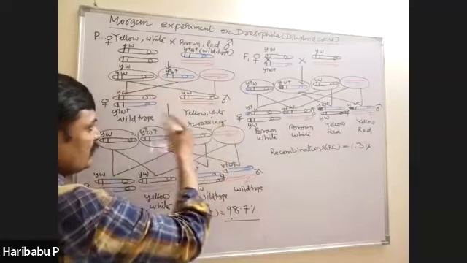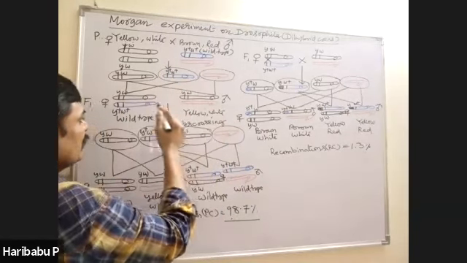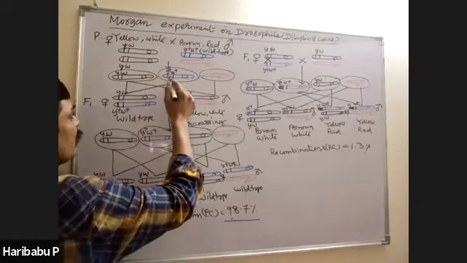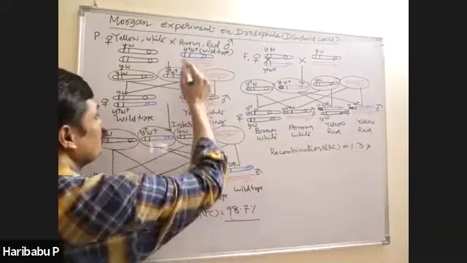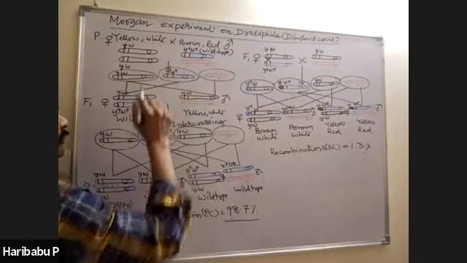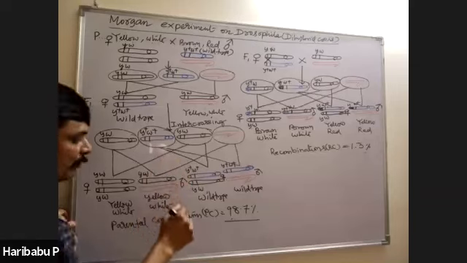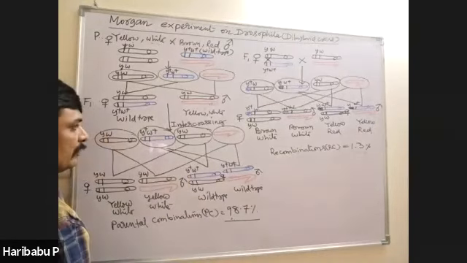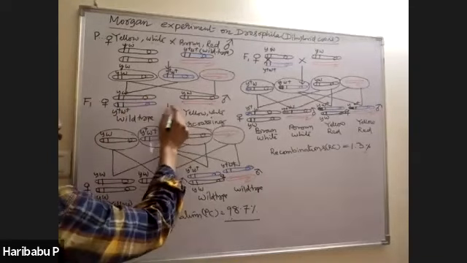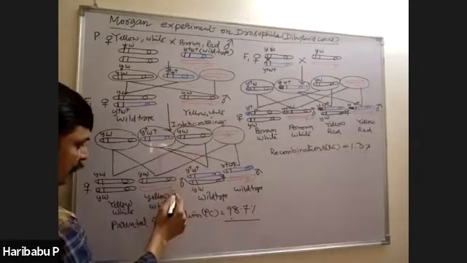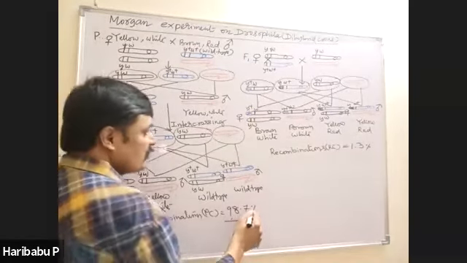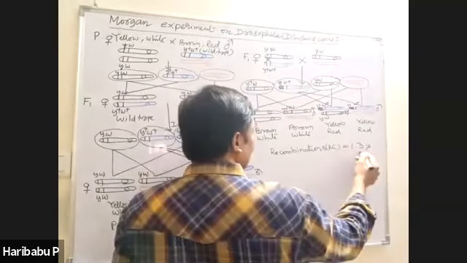Based on these results, they found that the genes which control these characters are present on the X chromosome, and moreover they are present on the same chromosome. That is why more parental combinations were obtained rather than recombinations. Then the F1 are intercrossed. In the F2, parental combinations are 98.7% and recombinations are only 1.3%.